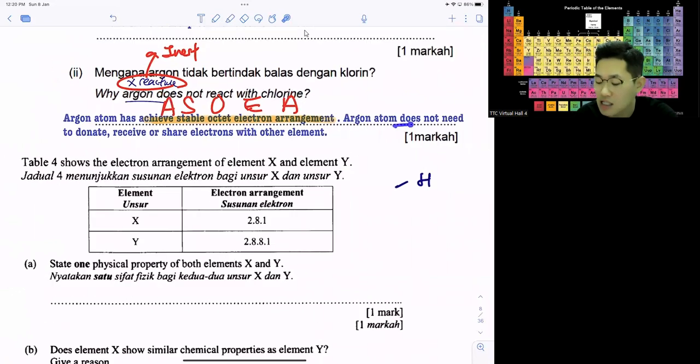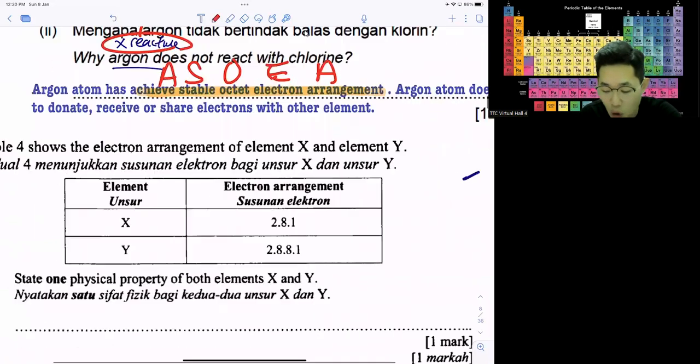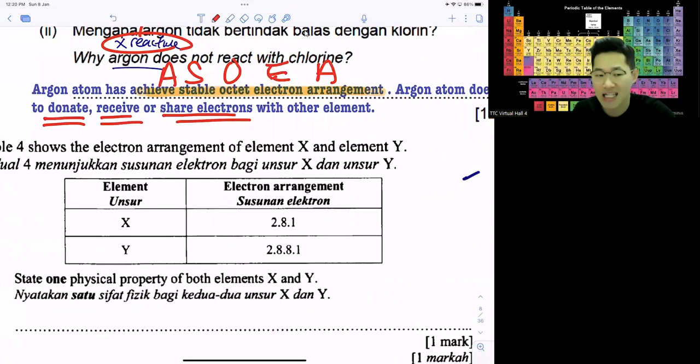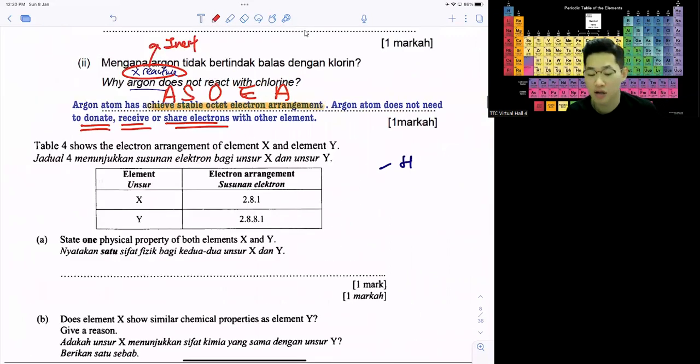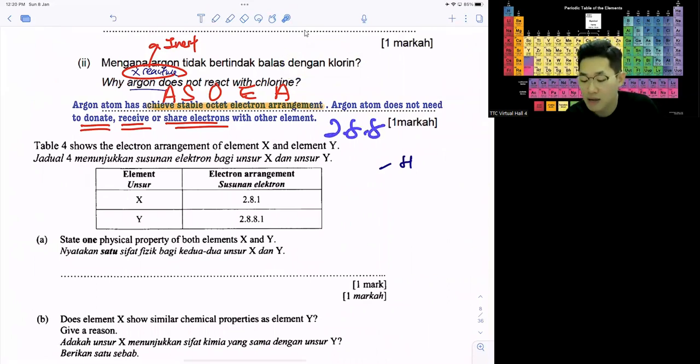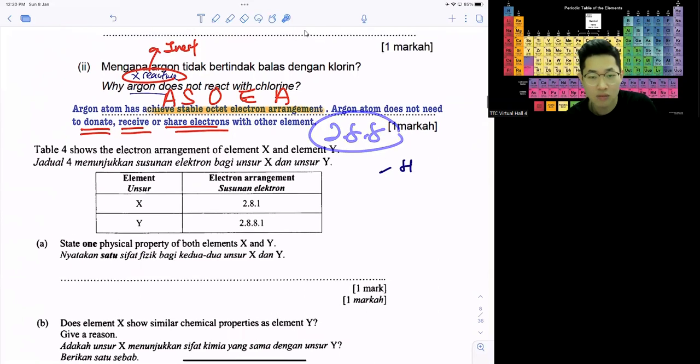Therefore, the atom does not need to donate, receive, or share electron with the other elements. Because they're asking why it doesn't react with chlorine. It does not need to. I am already stable. I got stable electron arrangement already. I do not need to donate, receive, or share electron with chlorine. You can write with chlorine, of course.